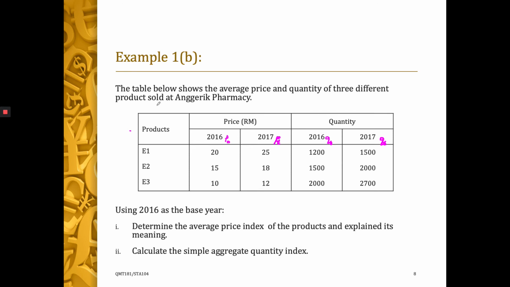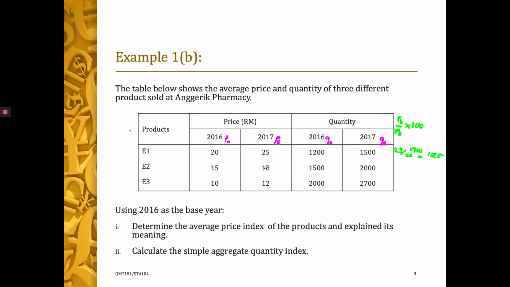My advice is that you create another column. I will use this area. Here we write PT divided by P naught times 100. 25 divided by 20 times 100, 125.